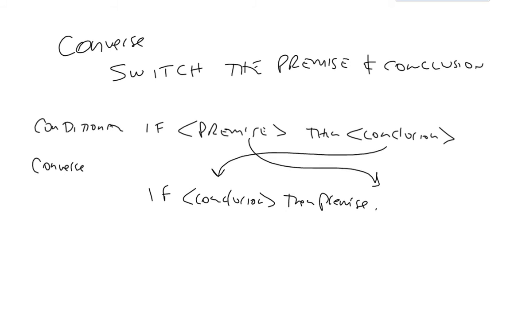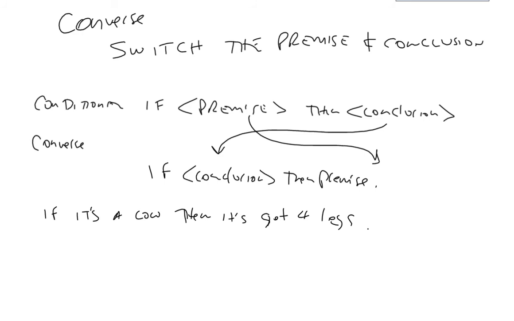So let's take a conditional statement. Let's take one example. If it's a cow, then it's got 4 legs, right? It's true. If it's a cow, it's got 4 legs. This conditional statement is true. What is its converse?